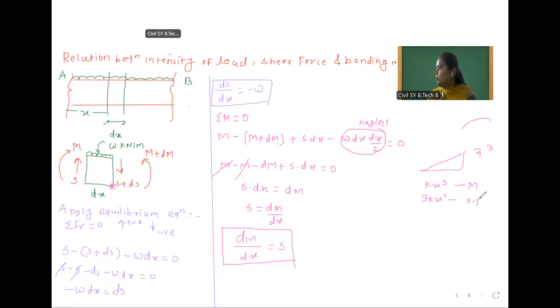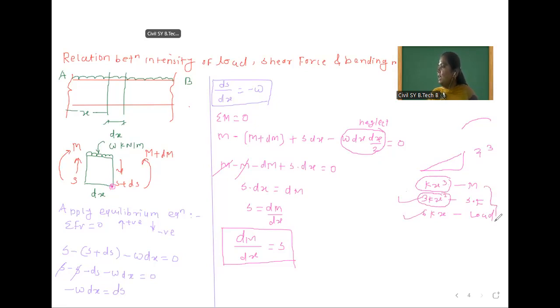So this is the shear force. Now I will take the derivative of this 3K x square. The derivative of 3K x square is 6K into x. This is the load. So when you take the first derivative of moment, you will get shear force, and if you take the derivative of shear force, you will get load.